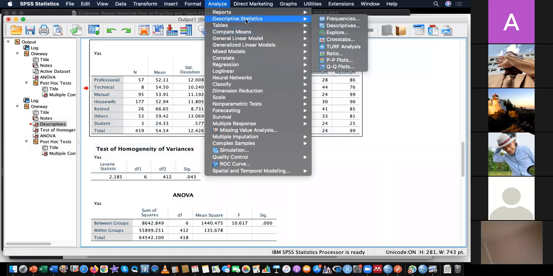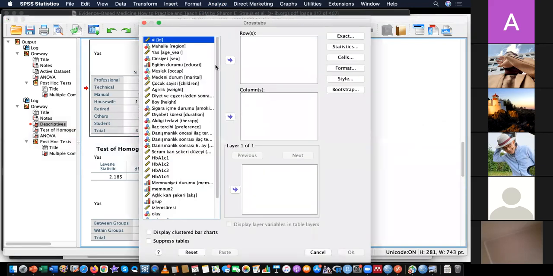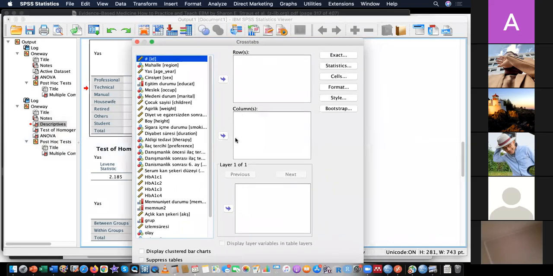I am sure in your projects you have done many chi-square tests. It is done from Analyze, Descriptive Statistics, and Crosstabs. So the column should be the dependent variable, usually.